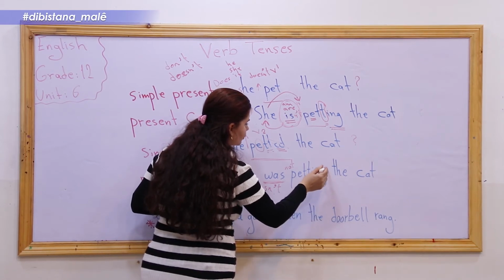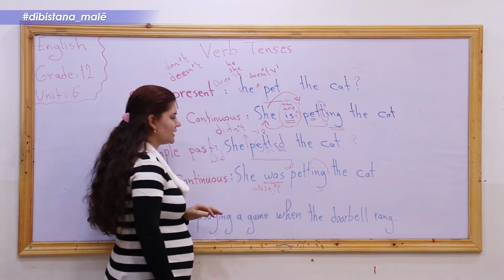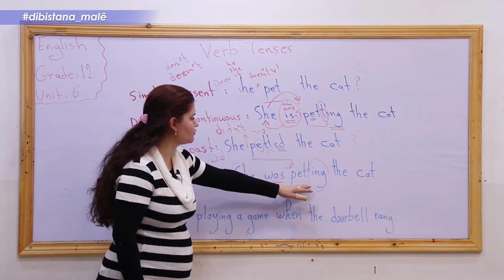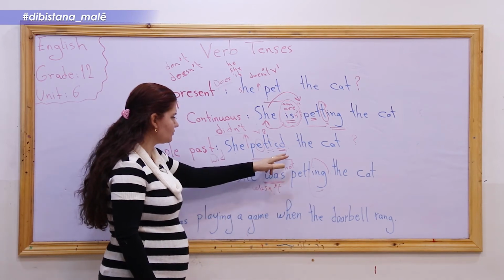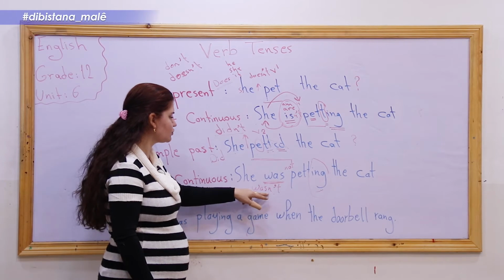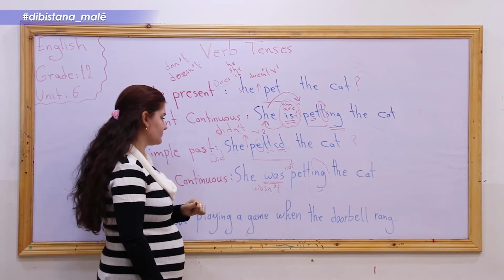I mean, you have to write it with ing, even in negative. There is no change for the verb. But we just put not with the auxiliary verb or the verb to be, which is was, it becomes wasn't.